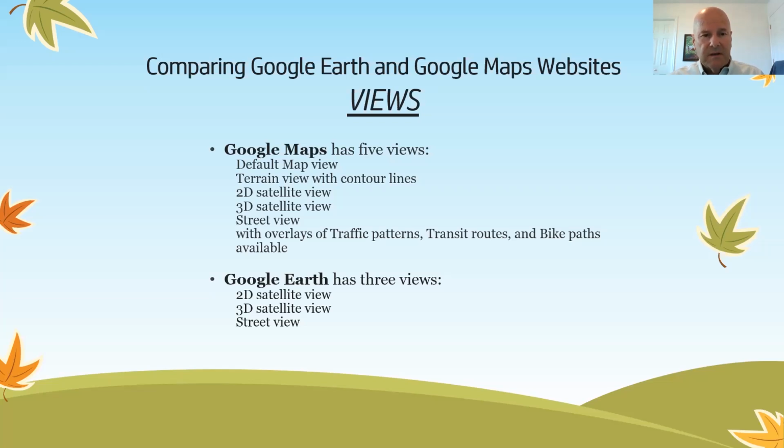And then there's the 2-dimensional satellite view and a 3-dimensional satellite view. And then there's street view. And in these, there are also overlays of traffic patterns, transit routes, and bike paths that you can bring up, even COVID-19 instructions and information. I didn't put that on there, but those are all possibilities on Google Maps.